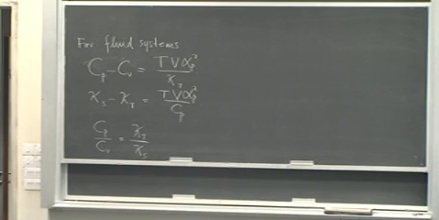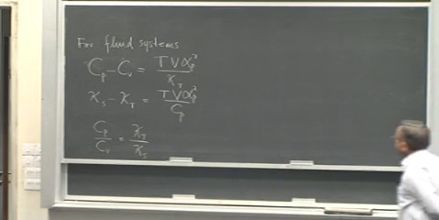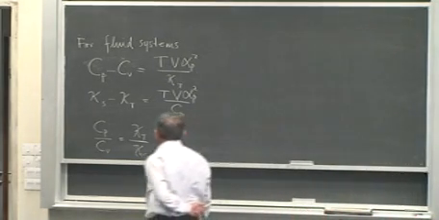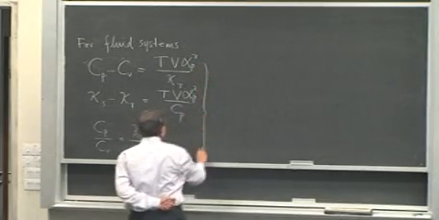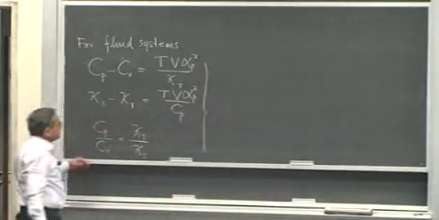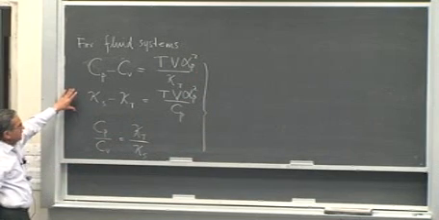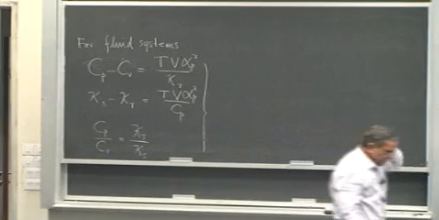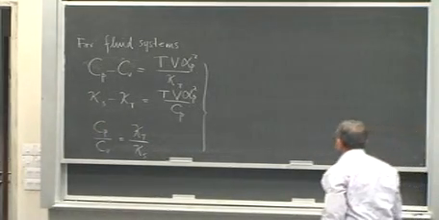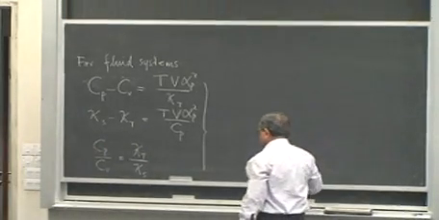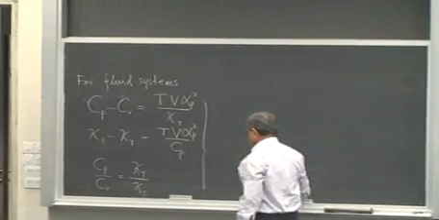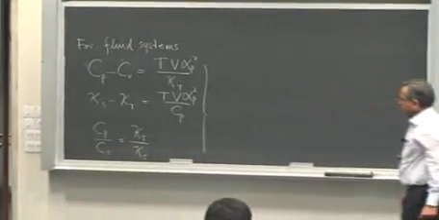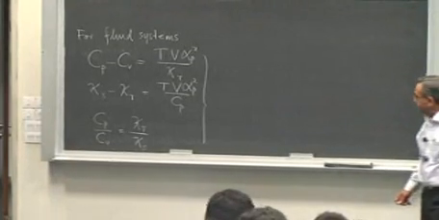4 response functions, 5 response functions, in fact, these 3 relations reduce them to only 3 independent. One of them is obtained from the other 2, and therefore you cannot say that you have 5 response functions and 3 equations, and therefore there should be 2 independent response functions left.